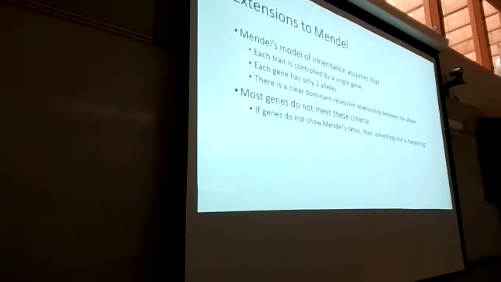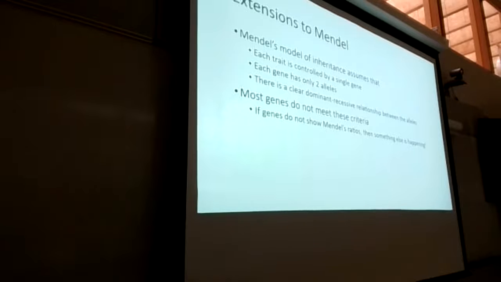Okay, there we go. All right, so when does Mendel's stuff not really work out? Oh, most of the time. So Mendel's model of inheritance assumes three things. Oh man, a list of three to four or five things. They sure make great multiple choice questions. All right.